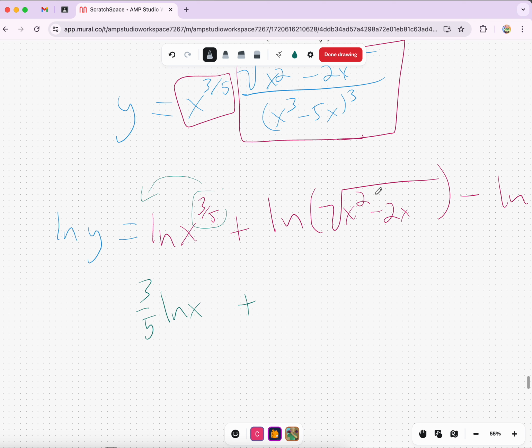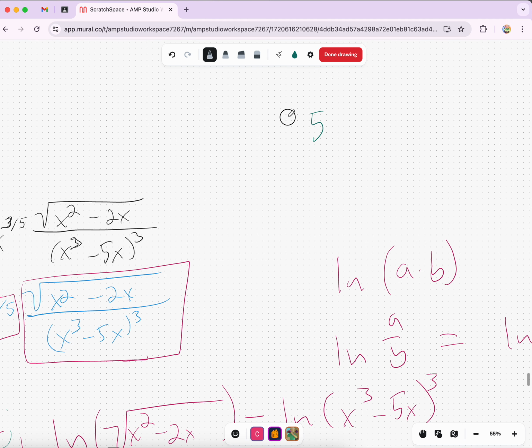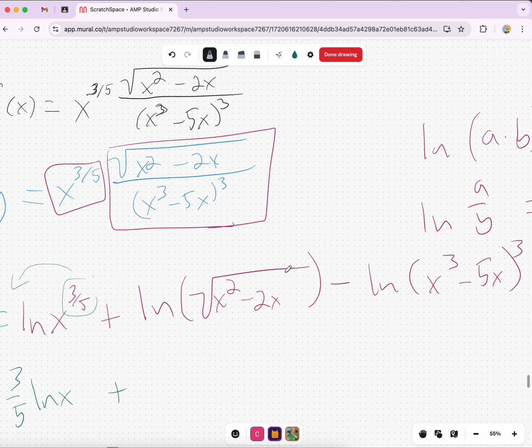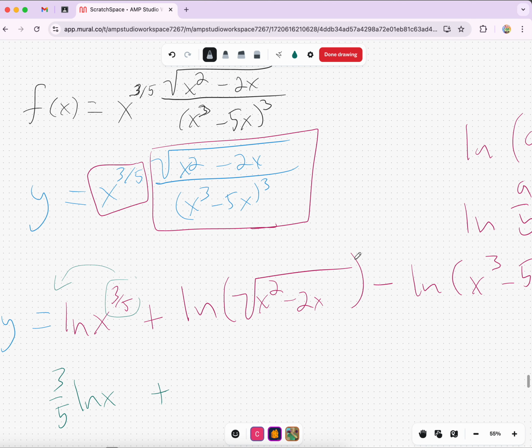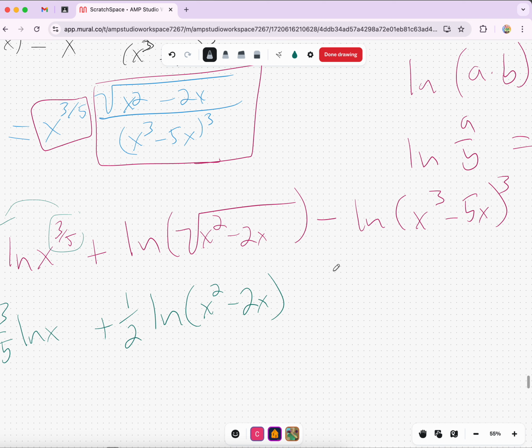A square root is the same as to the power of 1/2, right? Like square root of 5 is the same as 5 to the 1/2 power. So I can treat this square root just like the first one where we had the 3/5 power. Instead, it's to the 1/2 power. So I can just pop out that 1/2. So plus 1/2 the natural log of x squared minus 2x. Okay, already that's getting way simpler.